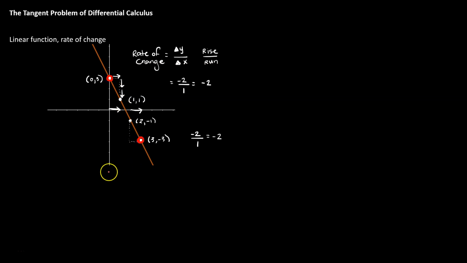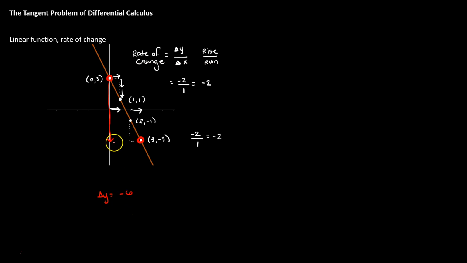On a linear function, we can do that, not a problem. So I would look at the rate of change between 0, 3 and 3, -3. That's going to take us down 1, 2, 3, 4, 5, 6 units in the y direction. So our change in y looks like -6.